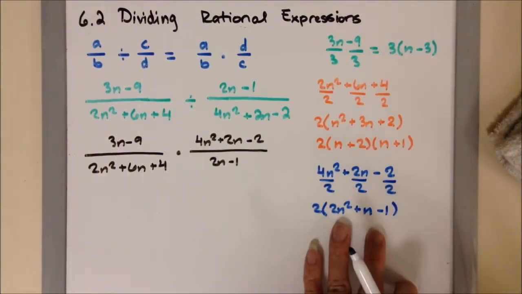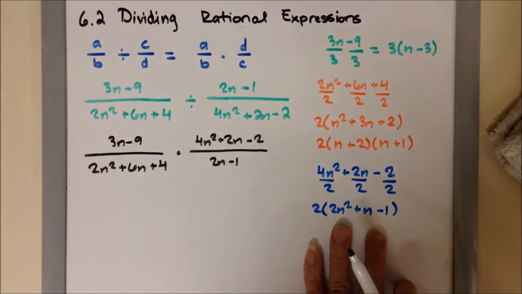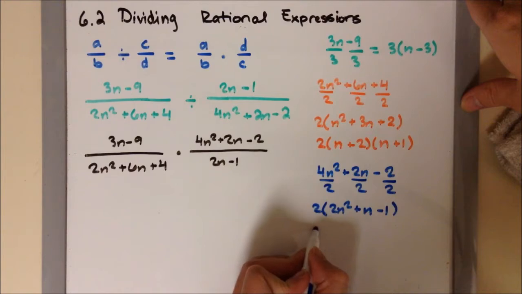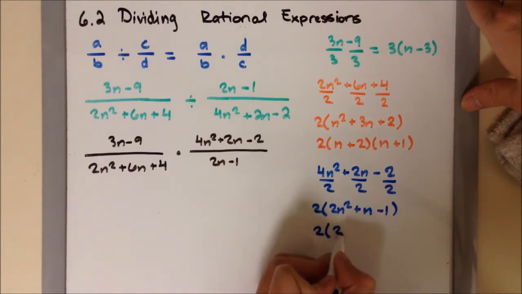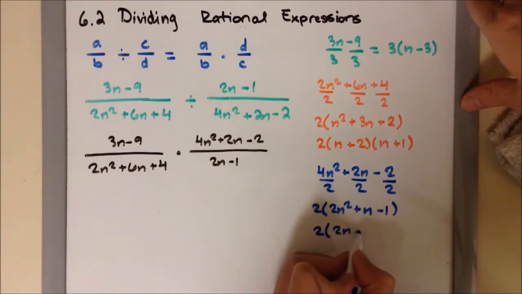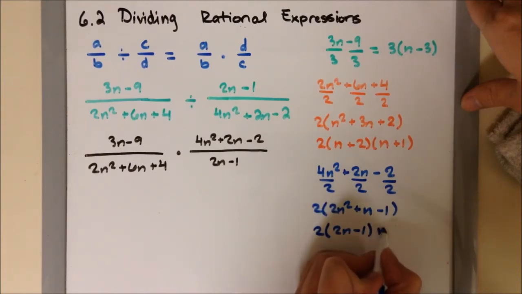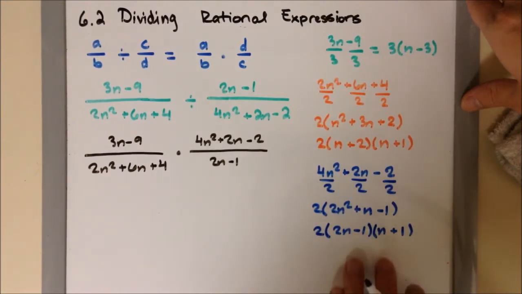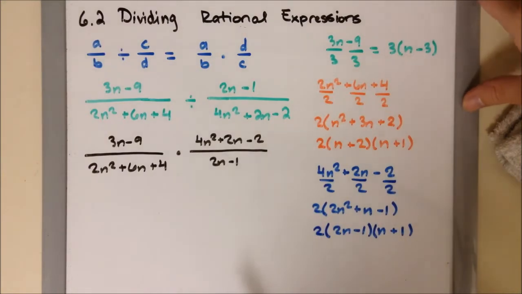Then you can factor this; again, refer back to 5.2, factoring trinomials. It will be 2n minus 1 times n plus 1. If you want to double check, you can always FOIL to make sure it matches.